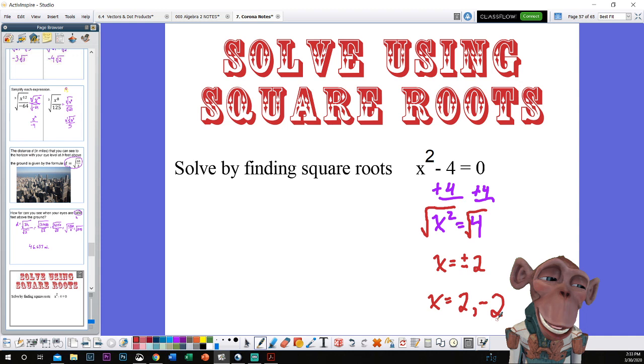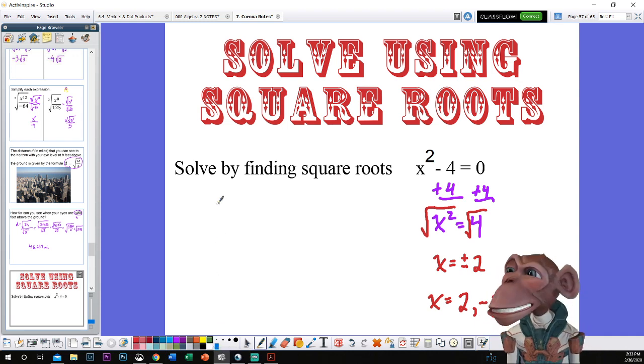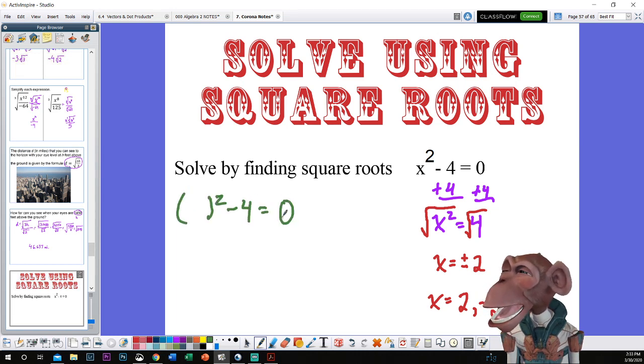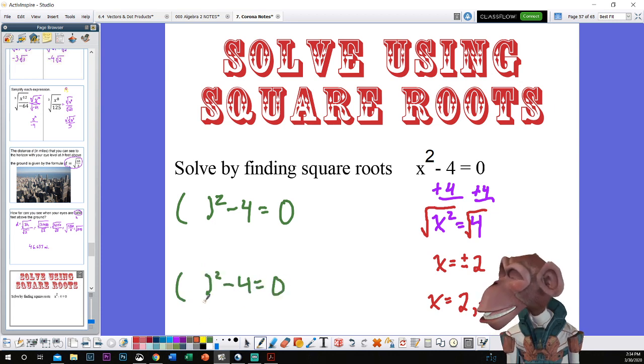Why is that? I'm glad you asked. Alright, so let's go back to our original equation. x squared minus 4 equals 0. I'm going to write it twice because I have two answers, just to prove to you that this works. So I could put a 2 instead of x. 2 squared is 4.